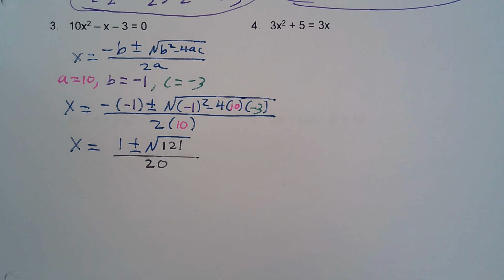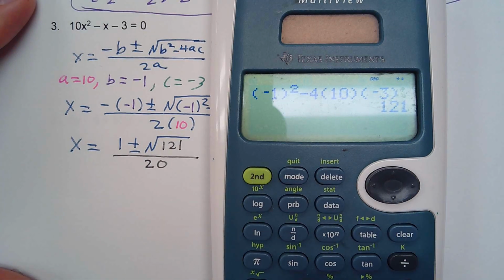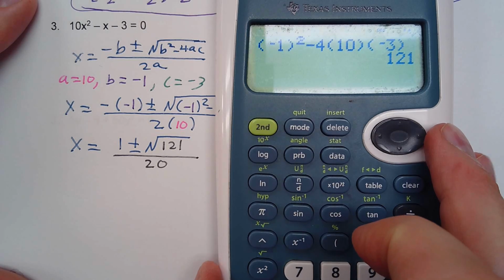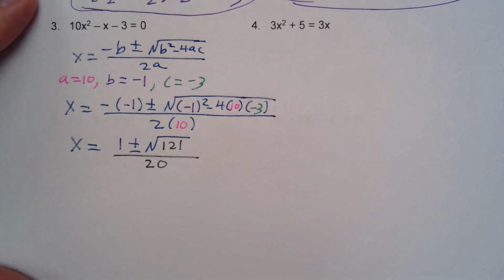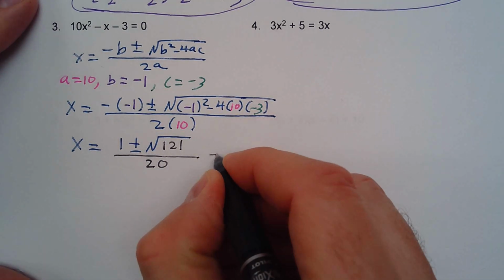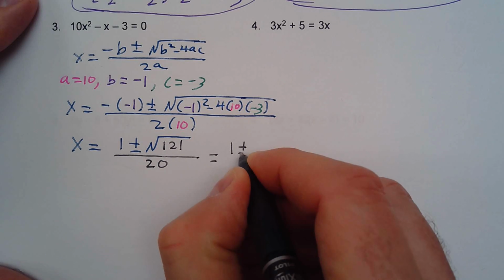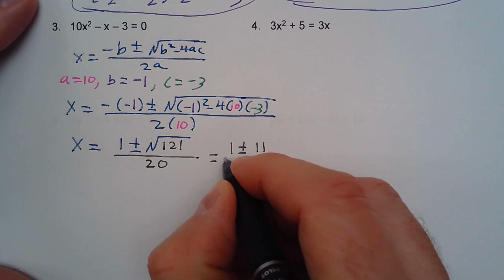Now, some of you may realize 121 is a perfect square. In fact, I can take the square root of 121, and that gives me 11. So I can go ahead and simplify this further, saying this is 1 plus or minus 11 over 20.